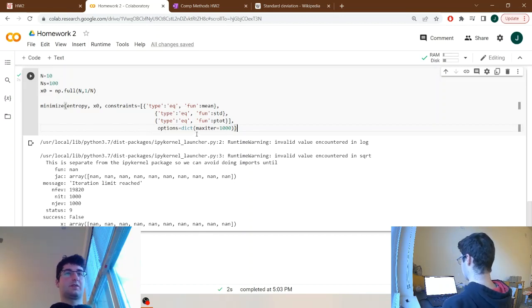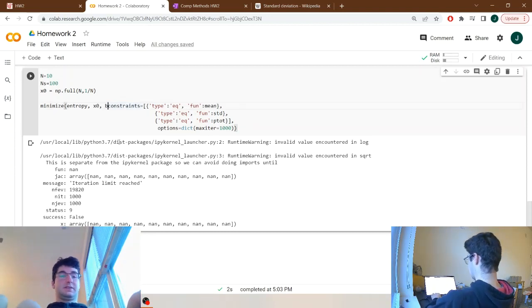Okay, so I bumped the iteration limit up to 1,000, and we're still hitting that limit. It looks like it's just kind of jumping straight to, well, so let's give it balance. That might help.